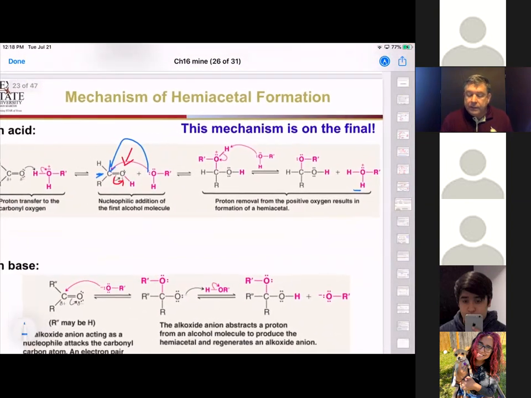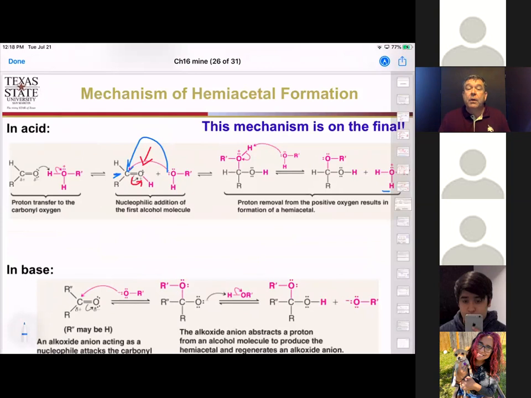Okay, so every single step in this is reversible. And typically you use this as a driving force to remove water, or at the end of the reaction, you have a large amount of the alcohol there so that it can drive the reaction toward this hemiacetal structure.